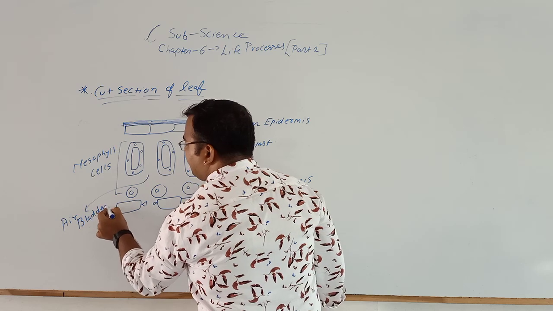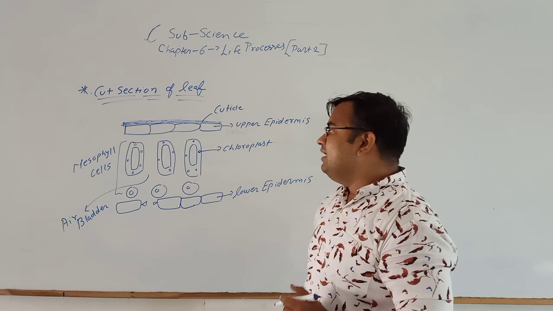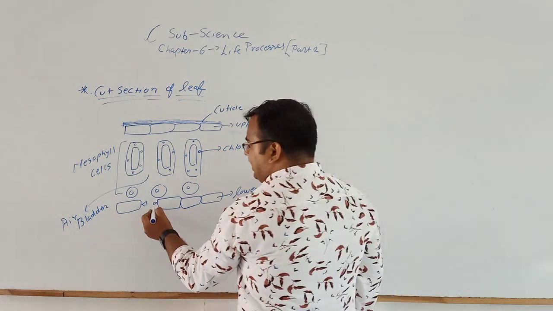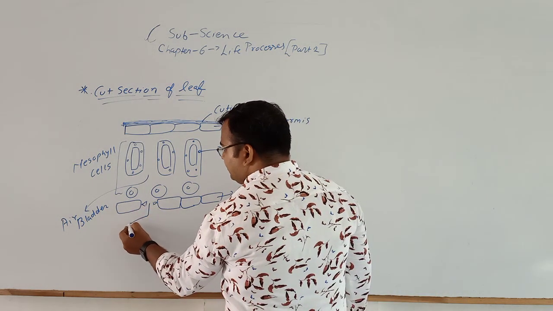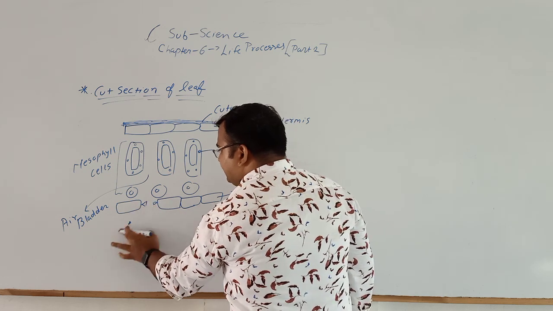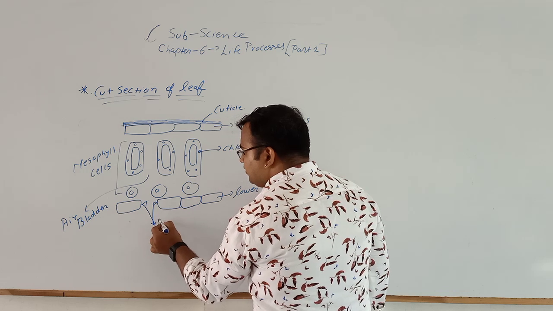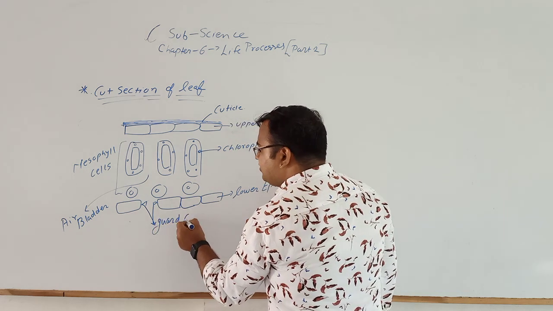These intercellular spaces are available, and these two types of cells are known as guard cells.